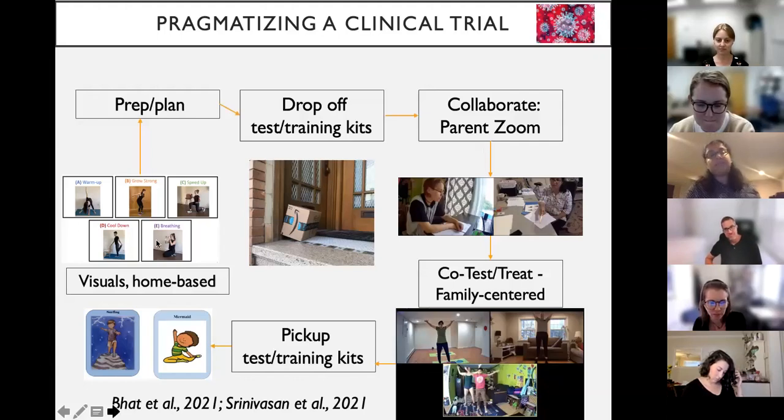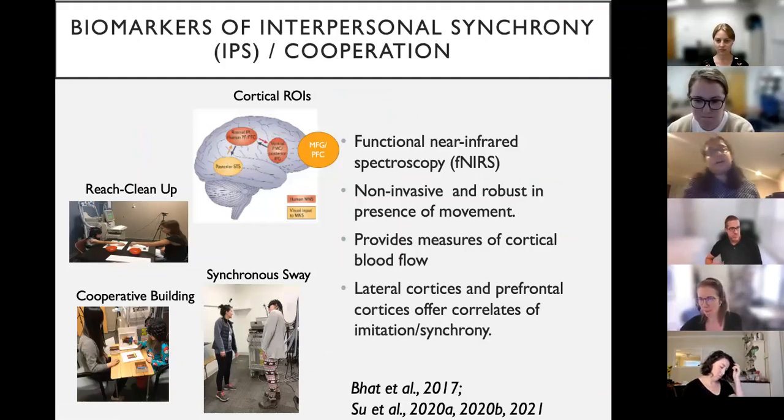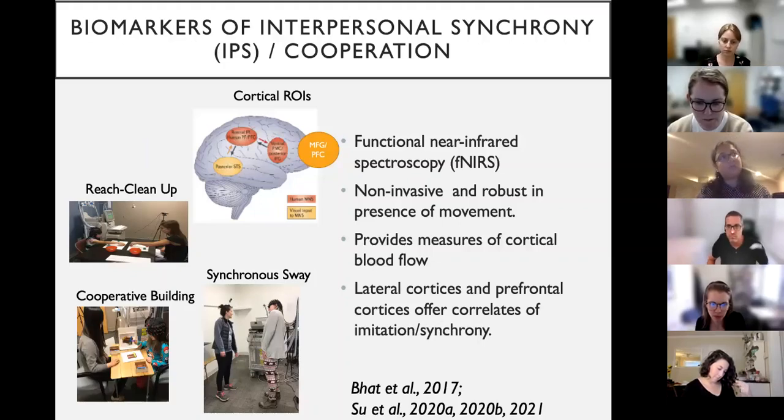So that brings me to the third part of this talk, which is biomarkers. And so here, again, when I was speaking to these program officers, the first thing that came up was, do you have neural mechanisms to explain these effects? And so this RCT, while it has been affected by the whole COVID pandemic, we were able to get pre-post biomarker data on these children.